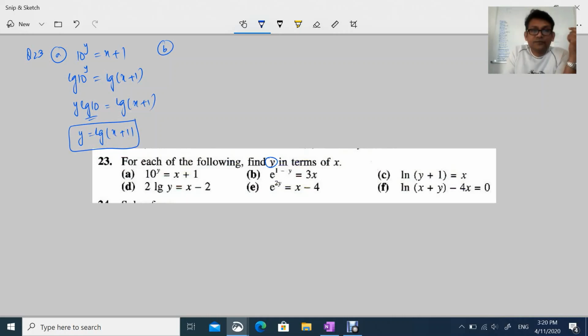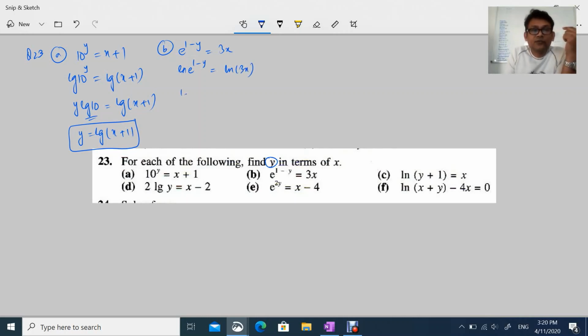Part B. e power 1 minus y is equals to 3x. Again, the y is in the exponential position, I mean power form, index form. I will apply what? Log or ln? Because it is e, I will apply ln both the sides. ln e power 1 minus y is equals to ln 3x.